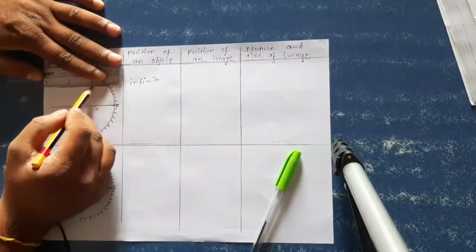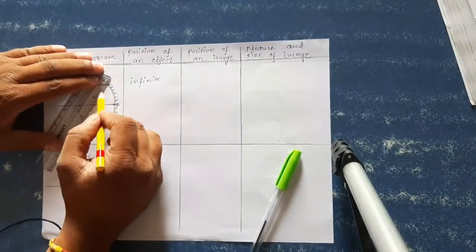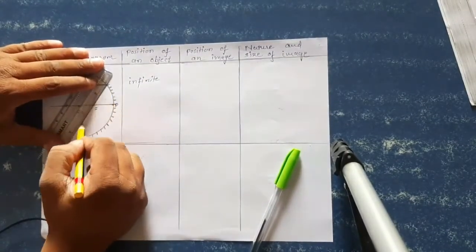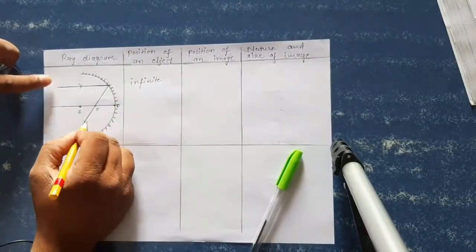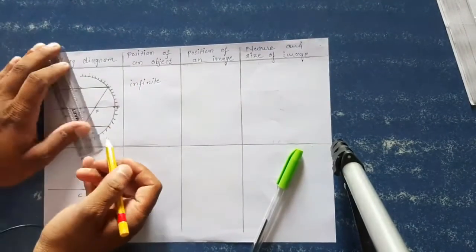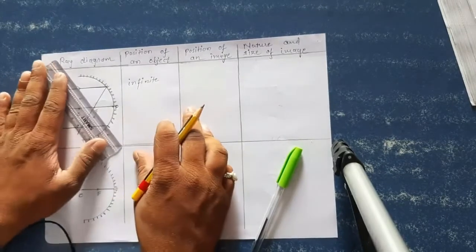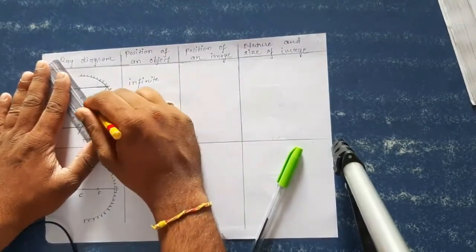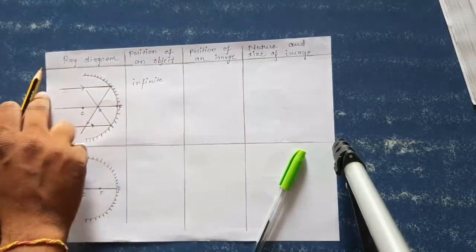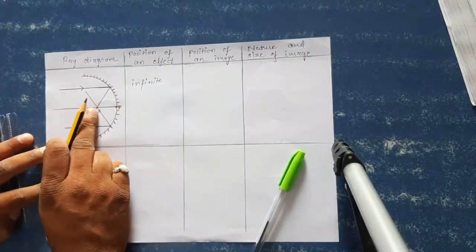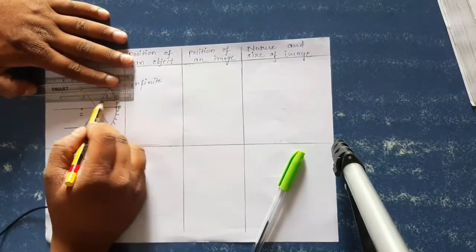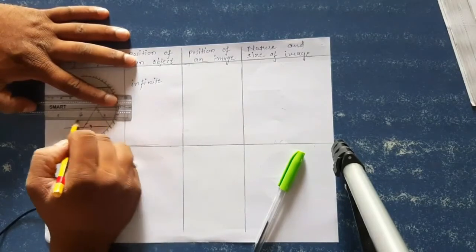according to the first ray diagram we know that this light ray which is incident parallel to the principal axis will pass through focus F. Similarly, if we take another ray here which is parallel to the principal axis, it will also pass through principal focus F. So all of the parallel rays coming from infinite distance are going to pass through principal focus F. We are taking different other parallel rays also, so we can understand it better.